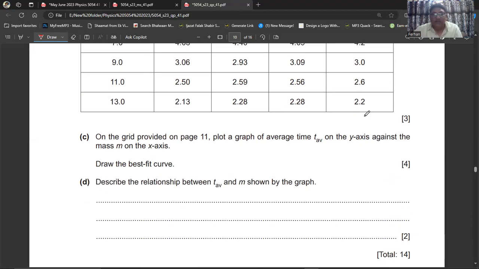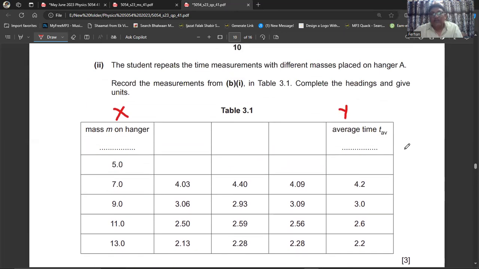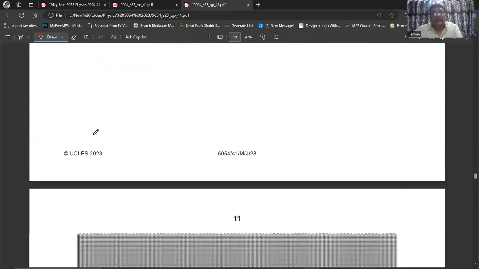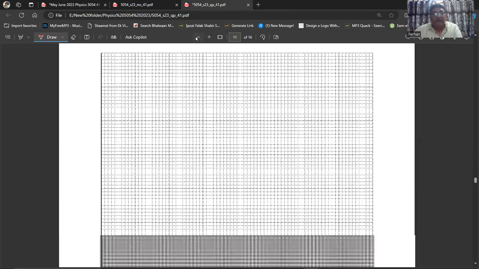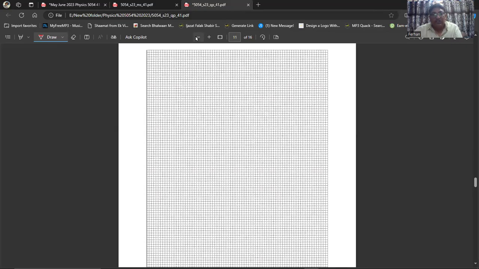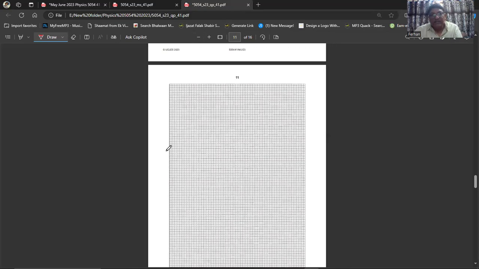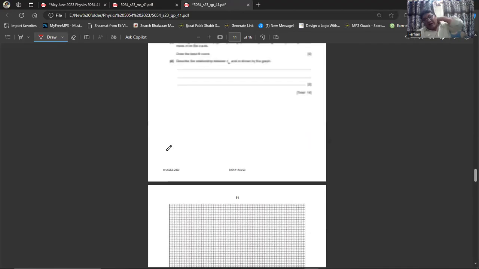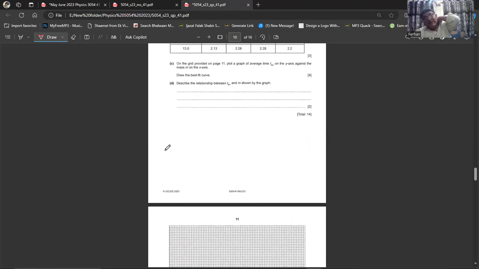The value of the time is changing from 2.2 to 6. The value of the mass is changing from 5 to 13. So let me show you the graph. This is a full page given here. We have to plot a graph and then draw the best fit curve.